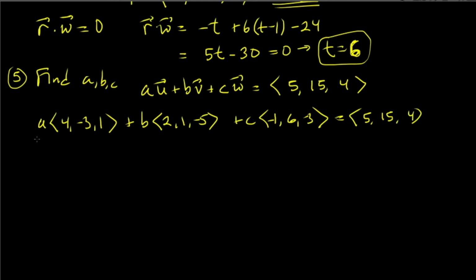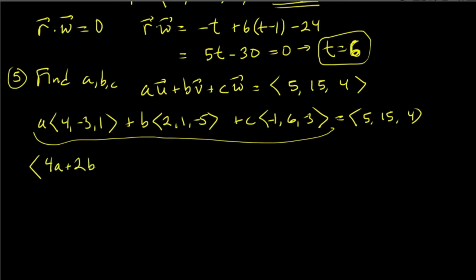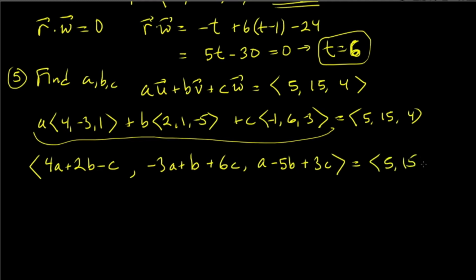If you combine all this into a single vector, the first component will be 4a plus 2b minus c. The second component will be negative 3a plus 1 times b plus 6 times c. And the third component will be 1 times a minus 5 times b plus 3 times c. When are two vectors equal?